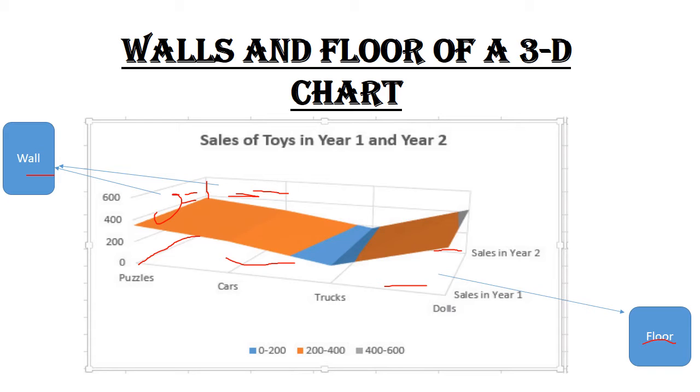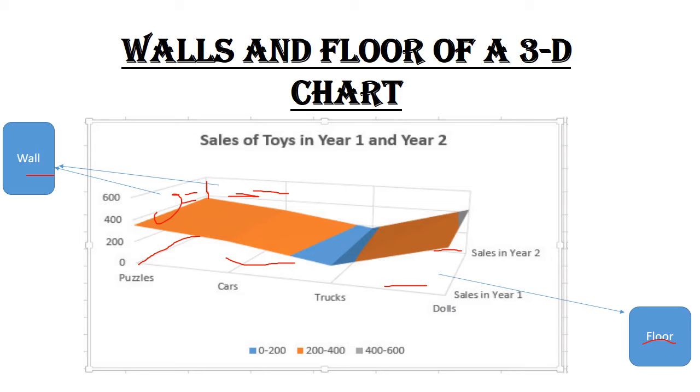Okay, now this is Y and this is X and this is Z. Okay, X, Y and Z, three axes will be present in a 3D chart. So in the column chart, you'll find only two axes, whereas in a 3D chart you'll find three axes.